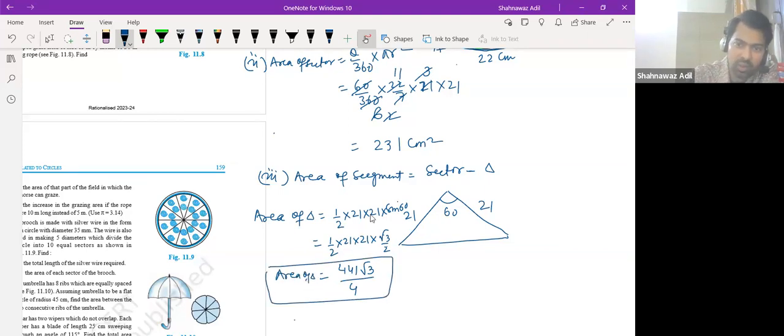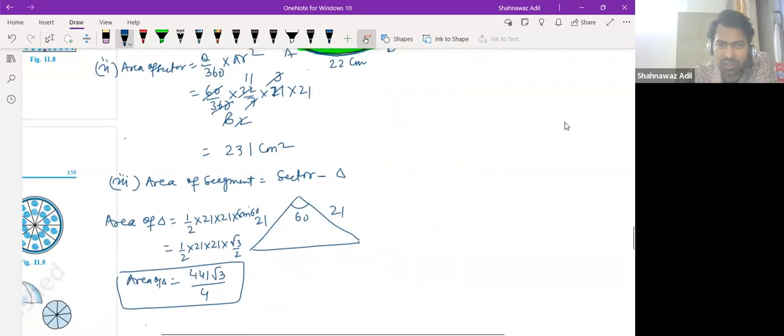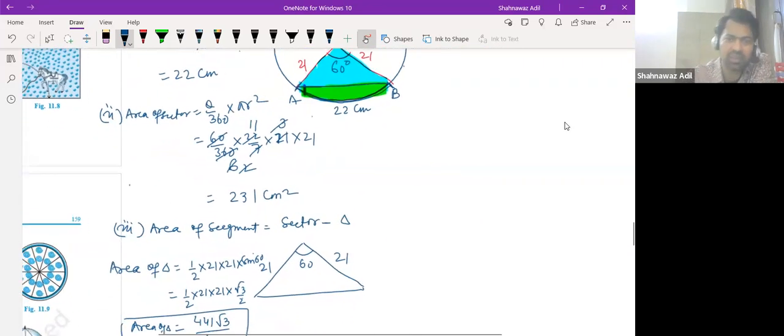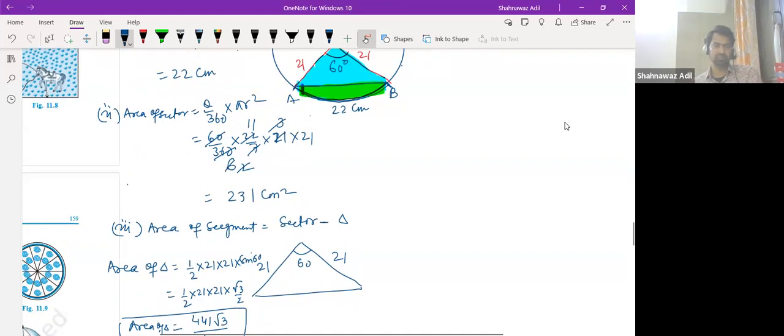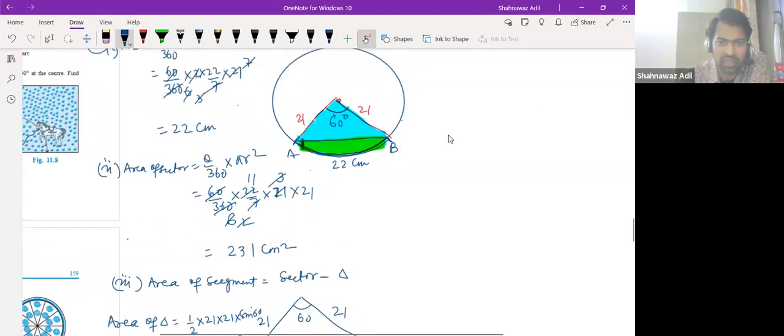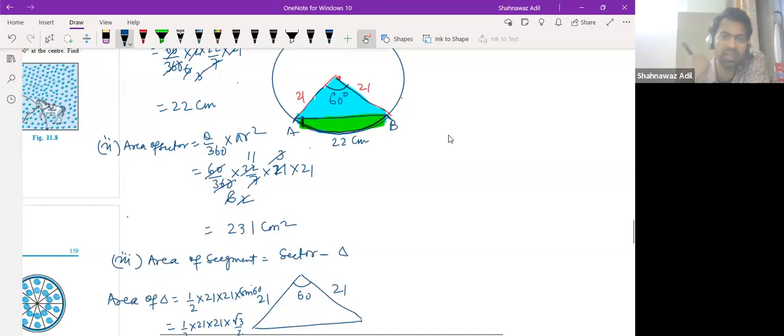And when do we use that root 3 by 4 a square, Amira? In an equilateral triangle. So to use the root 3 by 4 a square, first we have to show that this is an equilateral triangle, right? So this angle, we already know that this is 60 degree. This angle is x, this angle is x.